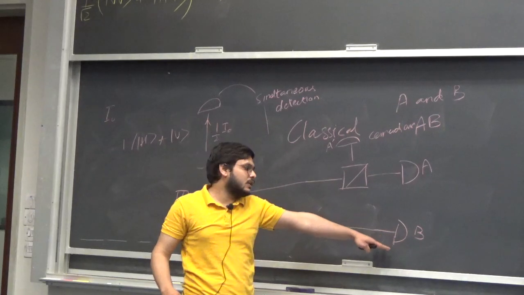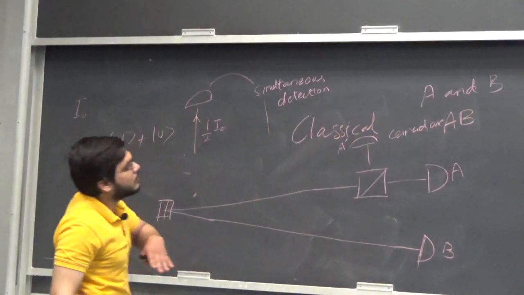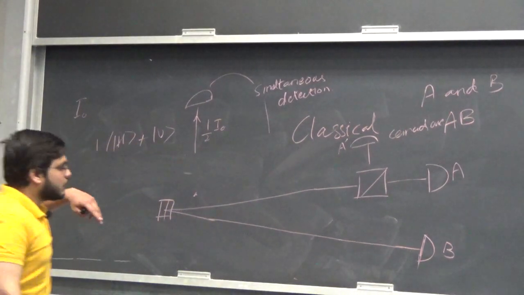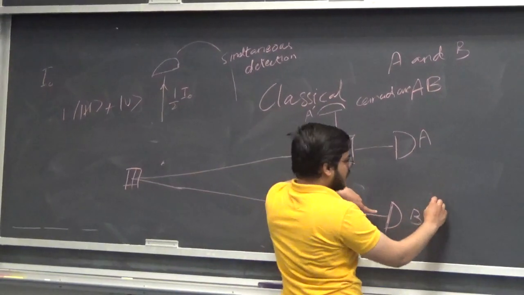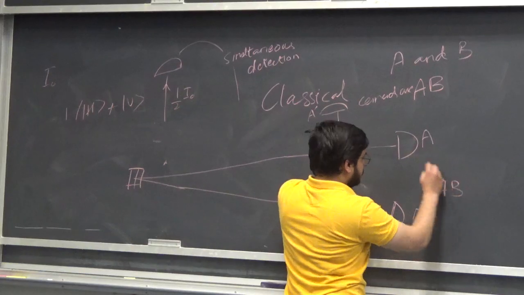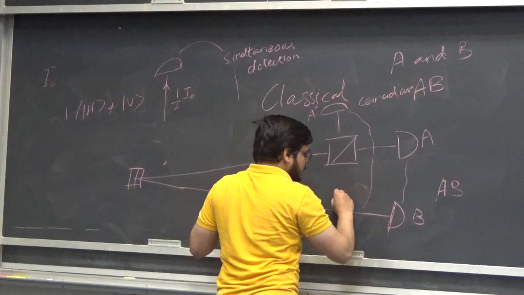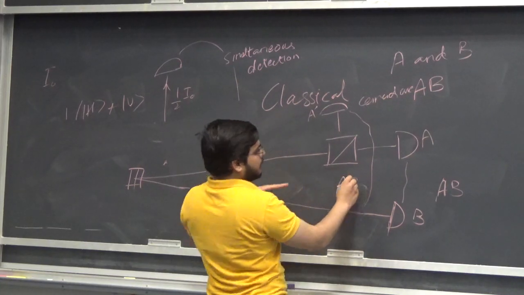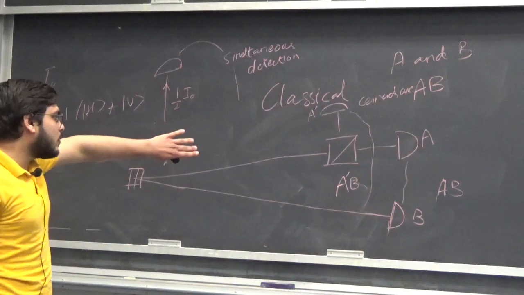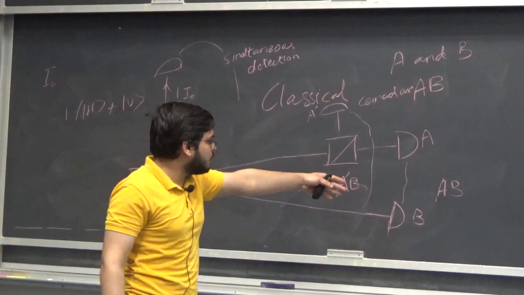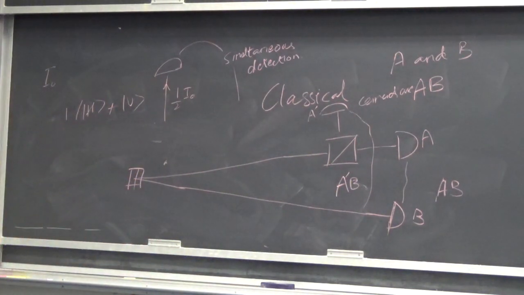So if it gets a photon, it will say that we are going to have another photon on the other channel. So similarly, for the coincidences on this detector and this detector, we'll get coincidences AB, and for the coincidence on these two detectors, we'll get A prime B. Right? I could have named them the other way, I could have named them B or B prime and A here, and we'll land into this expression.